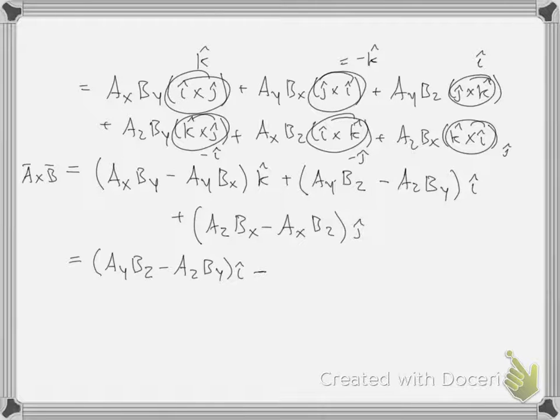There's a minus for the j hat term. So we have AXBZ. To put the minus out front, I need to take out a minus. Thus, what am I doing? AZBX. And then the k hat term, AXBY.